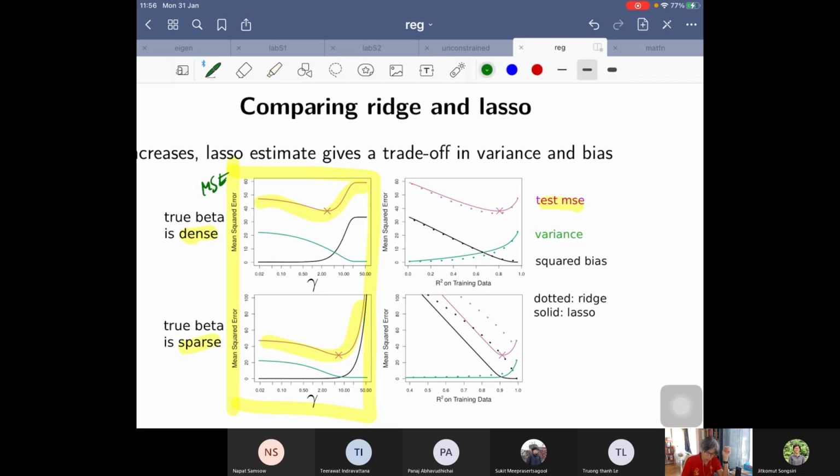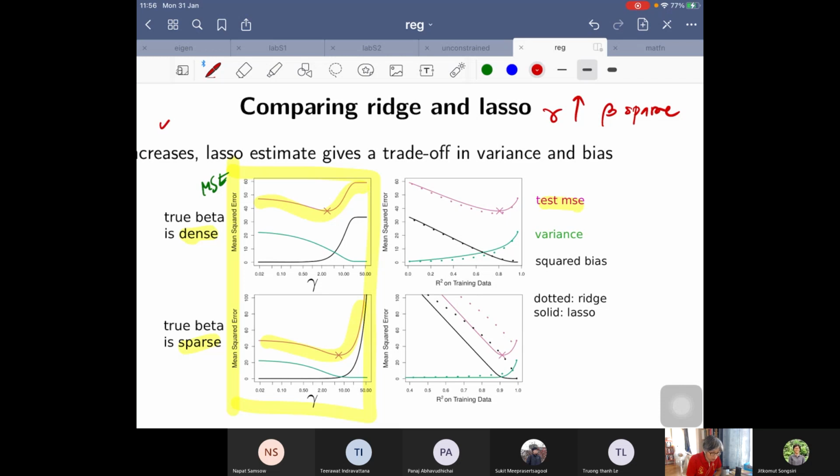Now, remember that when gamma varies, when gamma is big, beta is sparse. Of course beta is your model parameter. When beta is sparse, some of the entries are 0.